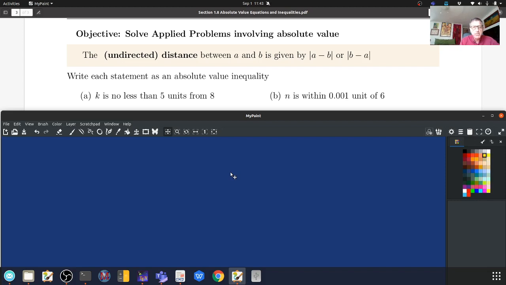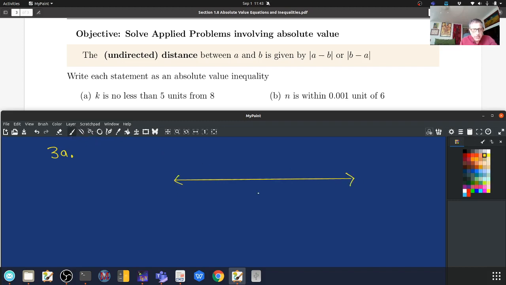So we're going to write each statement as an absolute value inequality. I'm going to pretend this is 3a. I don't know what number we're on. K is no less than 5 units from 8. So let's draw our number line here. I'm not going to freehand it. Here's my number line.